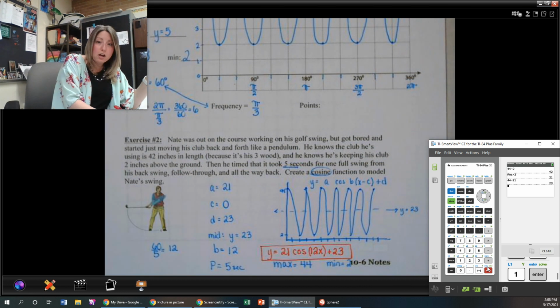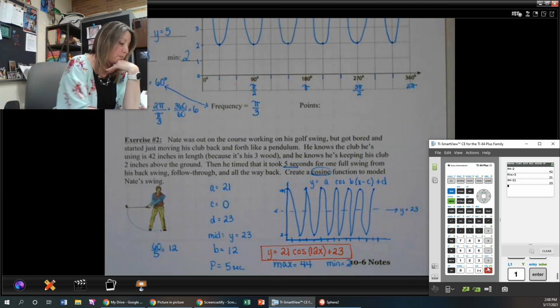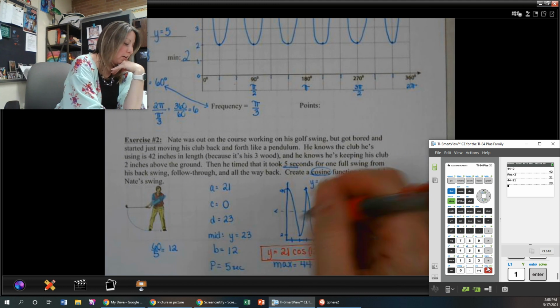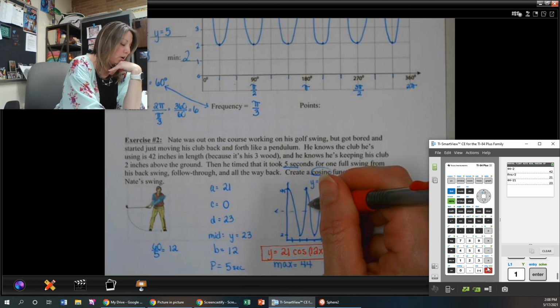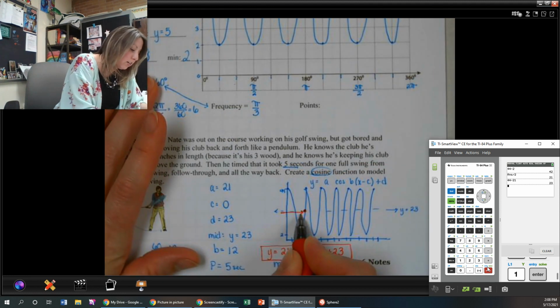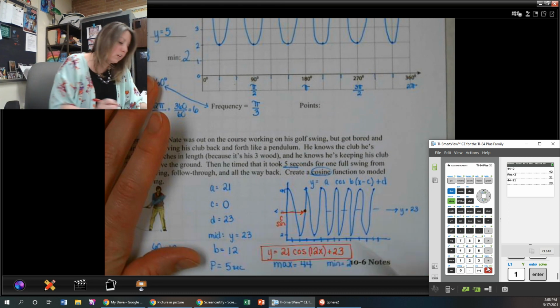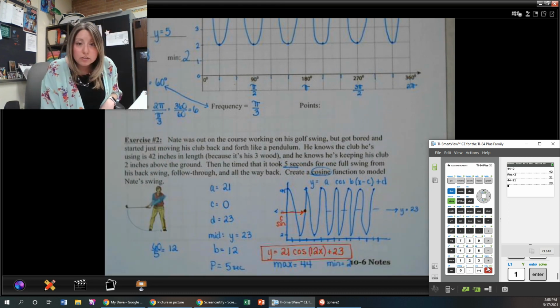That would be our cosine function to model this behavior. Now, if I did a sine function instead of a cosine function, remember that sine starts at the midline and then goes up. So technically, if I came in here, I could create a sine function for this exact same thing, right?